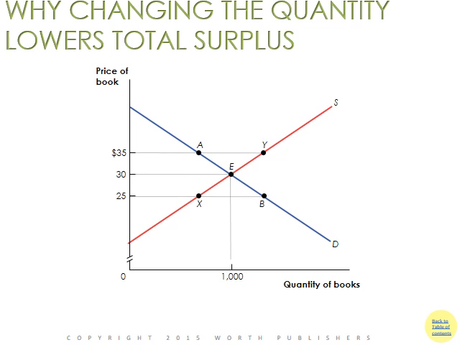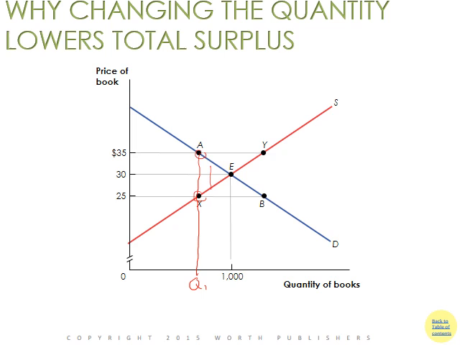This slide shows that if you reduce the quantity transacted from the equilibrium quantity back to Q1, there's going to be a loss in consumer plus producer surplus. Because at this quantity, buyers are willing to pay $35 for the book, sellers are willing to take $25 for the book. So there should be an exchange here that would increase either producer or consumer surplus.